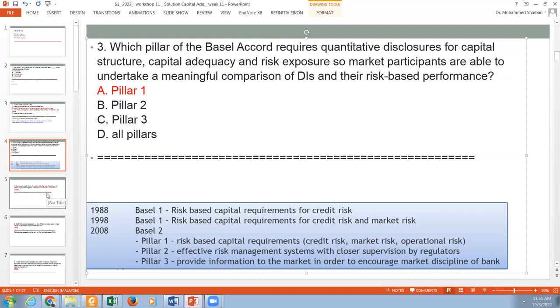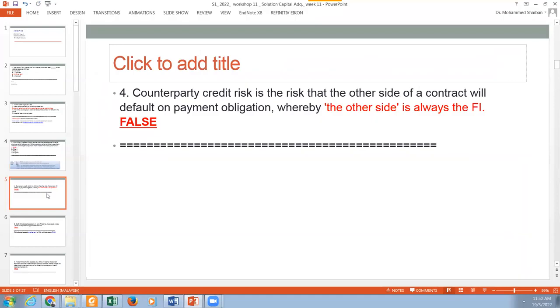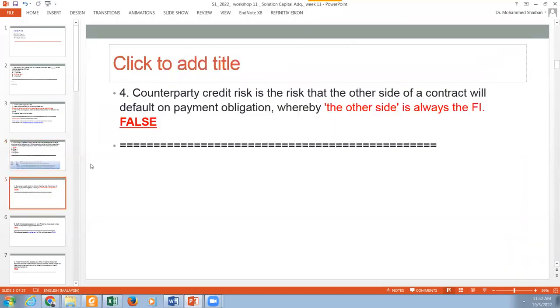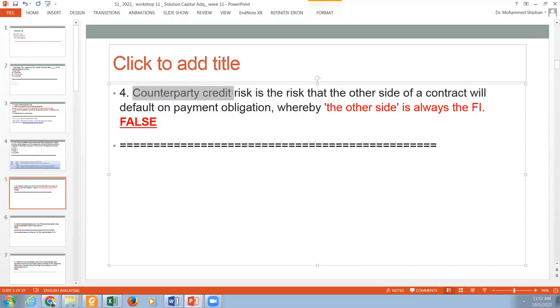Now let's go to the fourth question. Counterparty credit risk is the risk that the other side of the contract will default on payment obligations, whereby the other side is always the financial institution. Assuming this is a derivative contract, the counterparty is the other party.